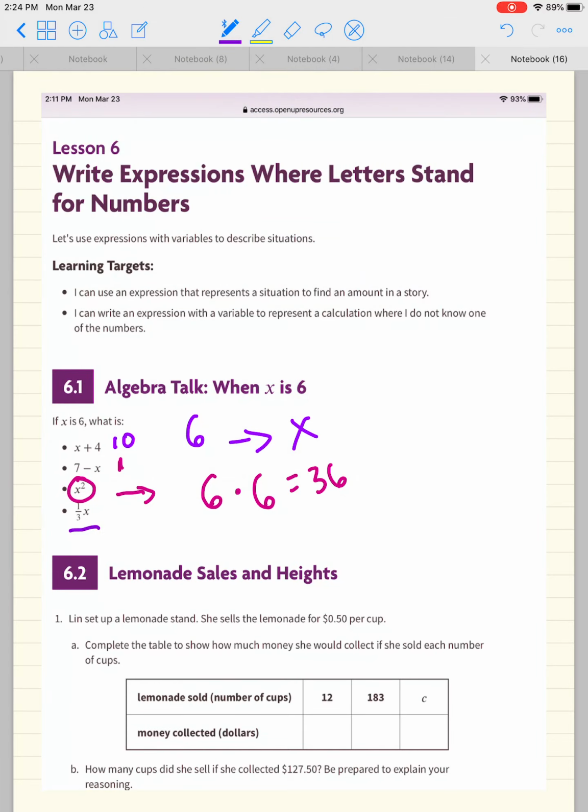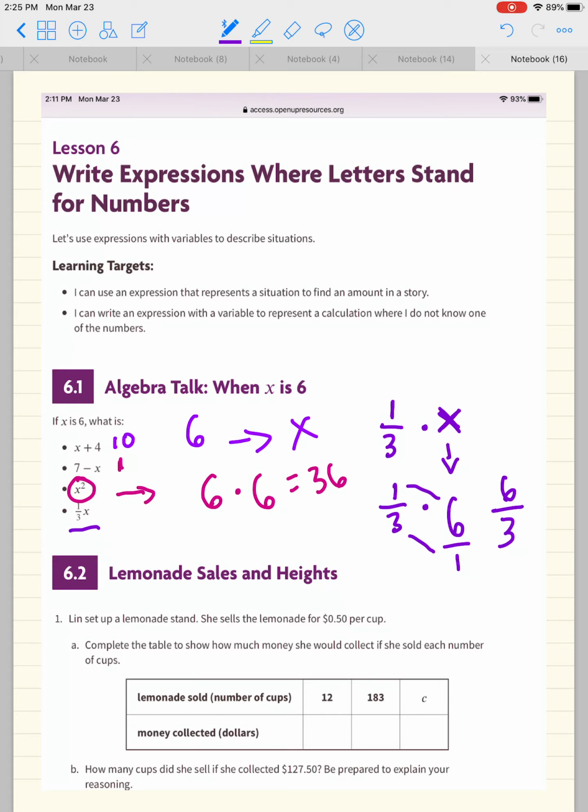All right, last one is 1/3 x. And remember, when it's right next to the number like that, that's really saying 1/3 times x. So let's go ahead and plug that in. And we have 1/3 times 6. This is really 6 over 1. You need to multiply the tops and multiply the bottoms.